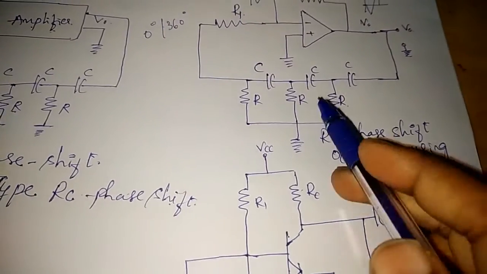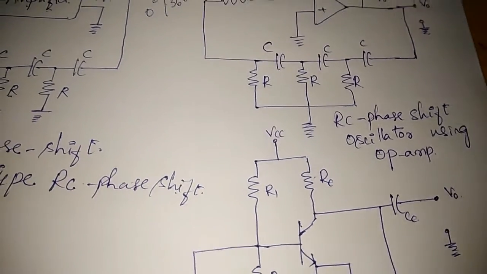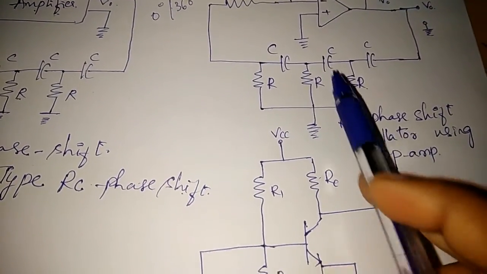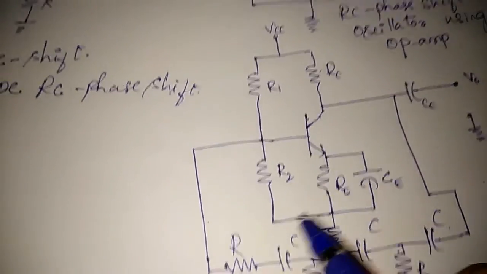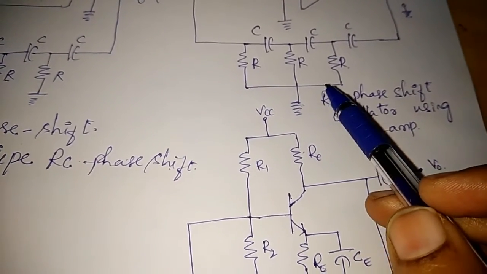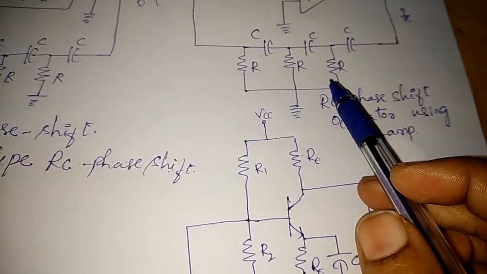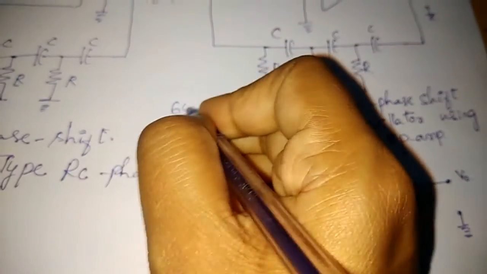Okay, now the feedback network we have connected in the phase shift oscillator uses 3 RC sections, isn't it? So you have 3 pairs of RC. Each RC section in the feedback loop provides a maximum phase shift of 60 degree.